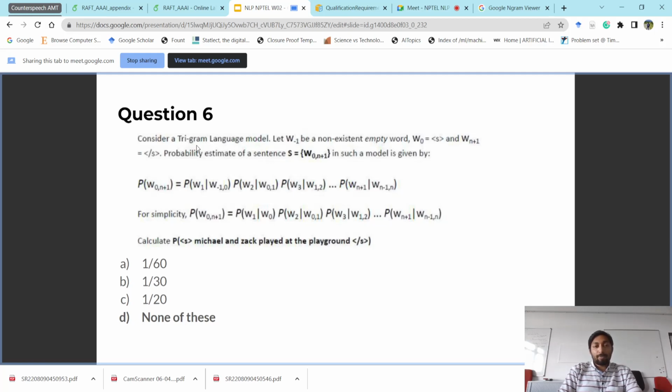Consider a trigram language model where w minus 1 is a non-existent empty word. So for minus 1 we do not need to care, that is empty. W0 is equal to the starting token and wn plus 1 is equal to the ending token. They have given a formula to calculate the probability estimate of a sentence: P of word 1 given word 0, P of word 2 given word 0 comma 1, P of word 3 given W 1 comma 2.